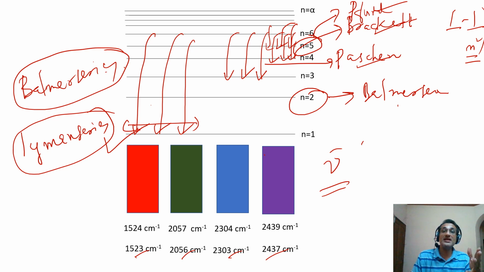Other series belong to several other radiations like IR radiations or microwaves. Such radiations, you cannot detect with your naked eyes. So here lies the speciality of the Balmer series, that is emitted by the excited hydrogen.